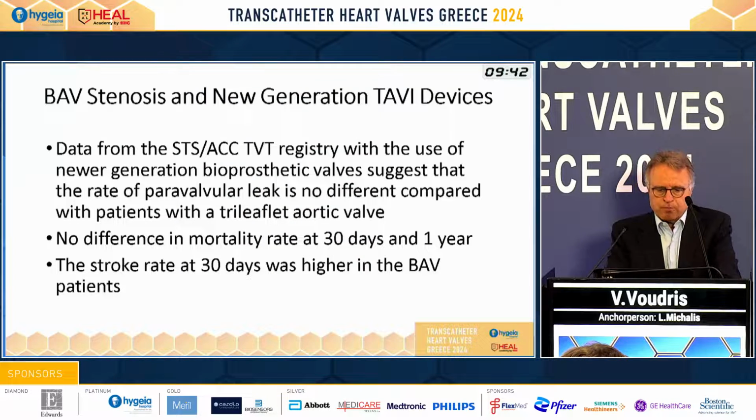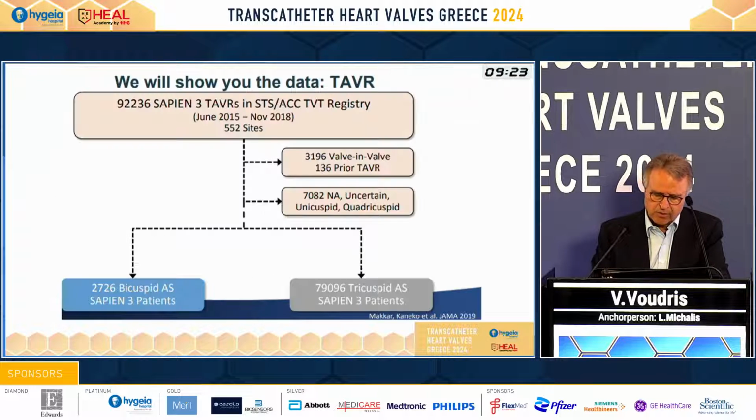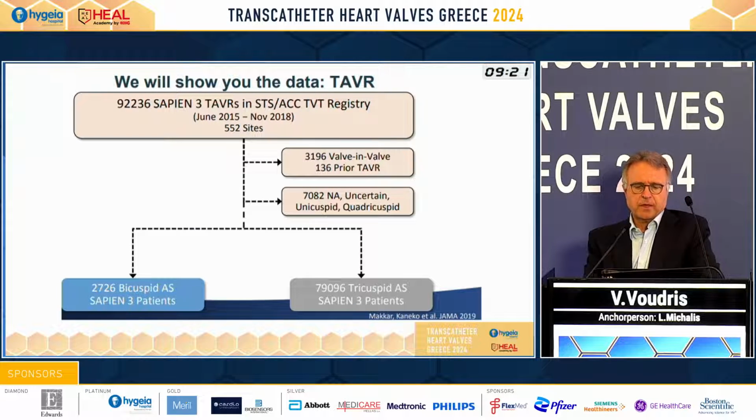However, now data from the new-generation TAVI devices have shown better results. No difference in mortality rate at 30 days and 1 year, and the stroke rate at 30 days still is higher in patients with bicuspid morphology.